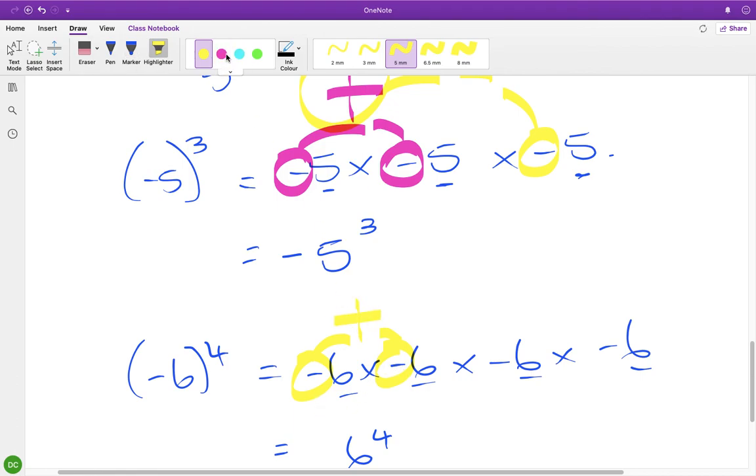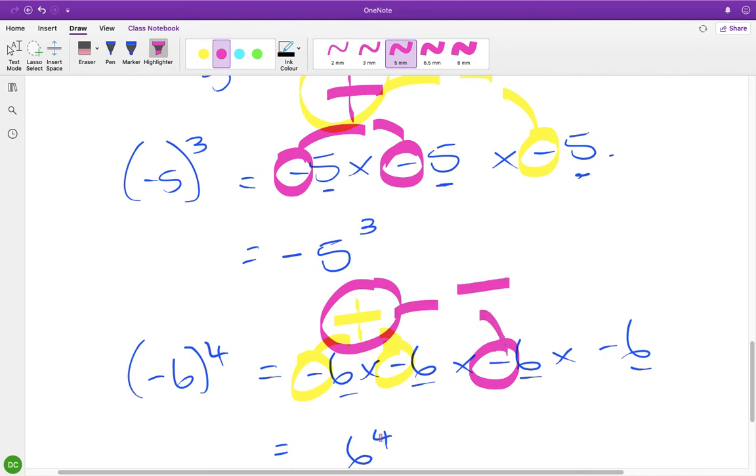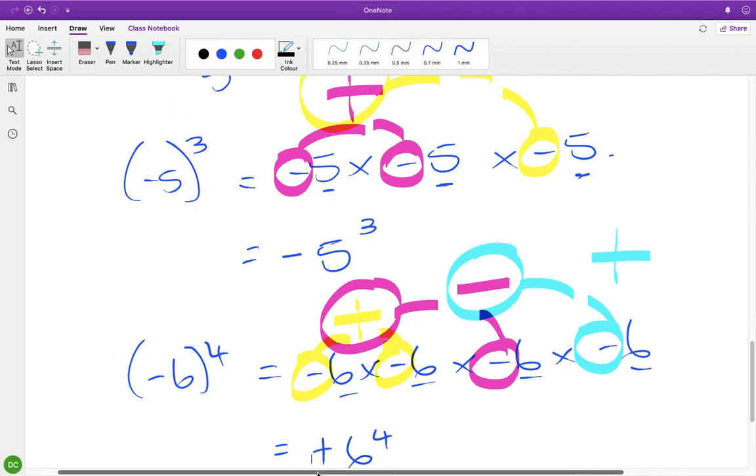Okay, now if you take this positive and multiply it by the next sign, now we're talking about different signs, which gives us a minus. But then you're going to take this one and multiply it by this one. Signs are the same again, which means you're back to plus. So overall, this one is a positive 6 to the power of 4.